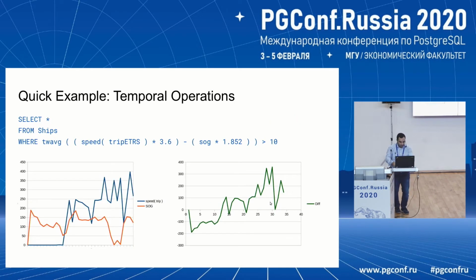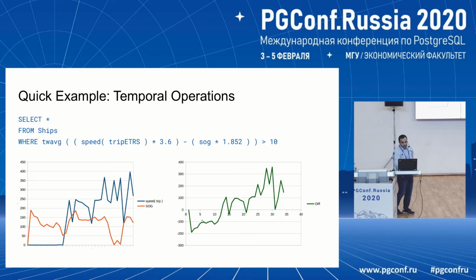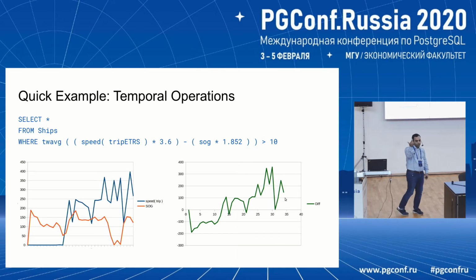So this is to visualize how things are. The blue curve is calculated speed from the spatiotemporal trajectory. The orange curve is attribute speed over ground. And if we do a temporal minus, we end up with this green curve. And now we want to summarize this green curve in a kind of average.